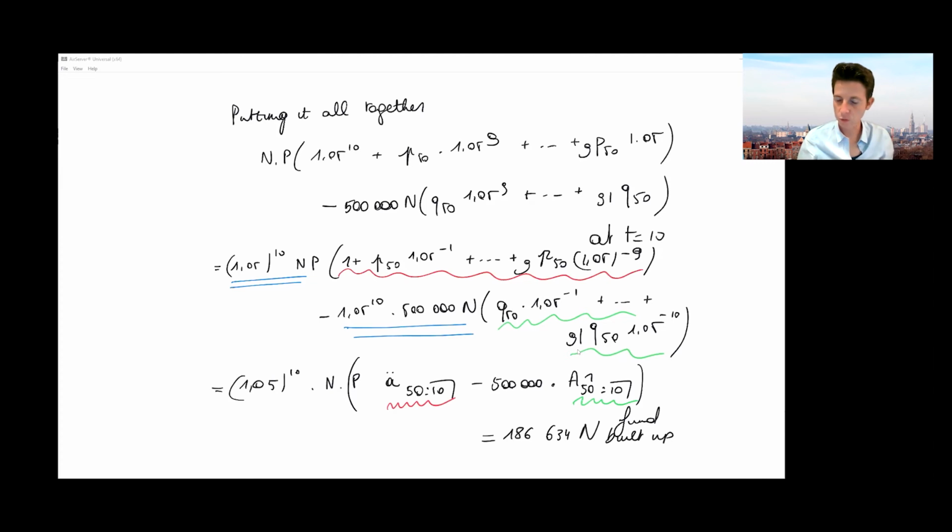Now, how does that relate? And that's the final step here. How does that relate to the policy value at time 10 that we calculated before the break?